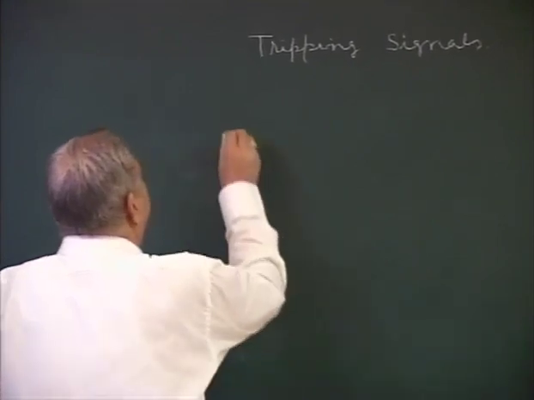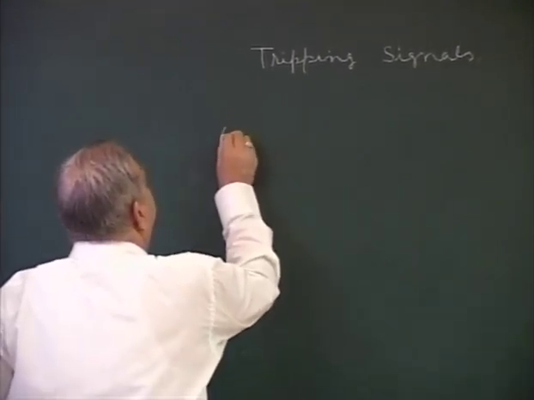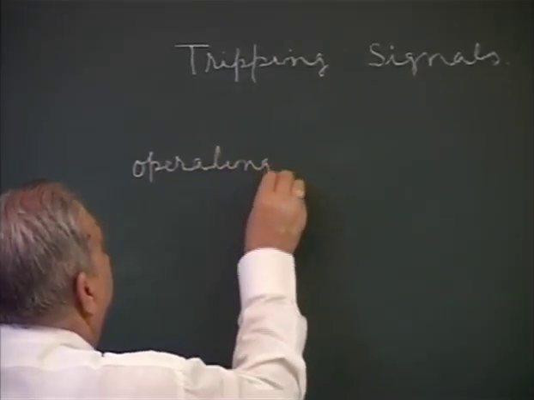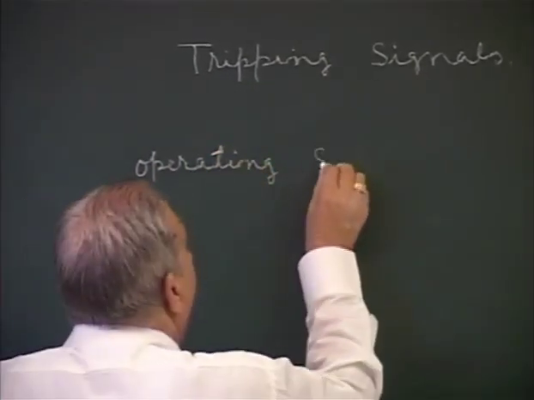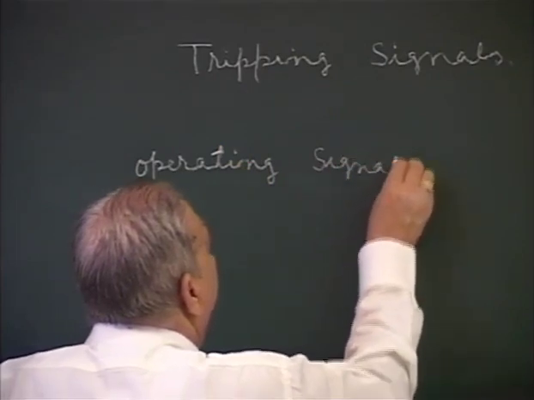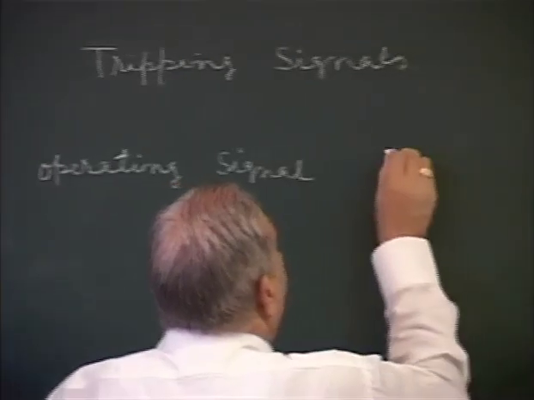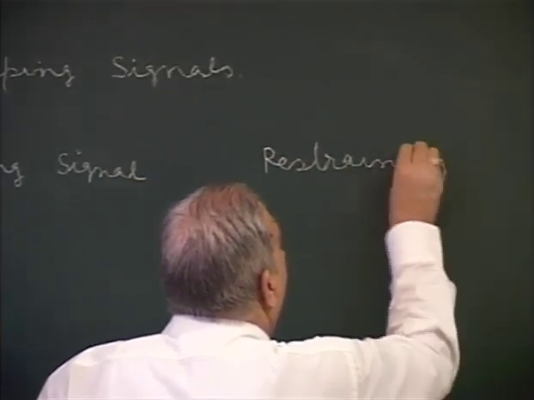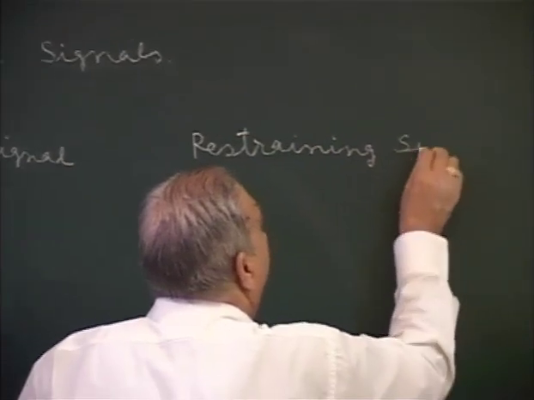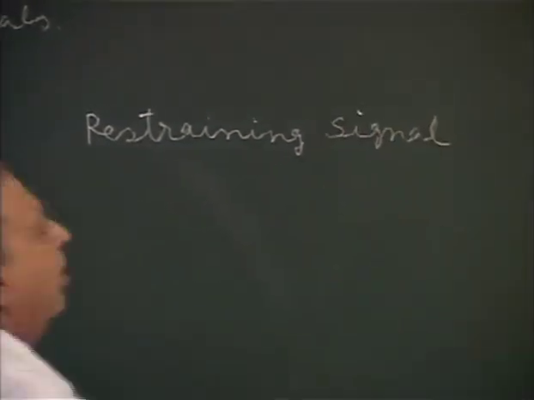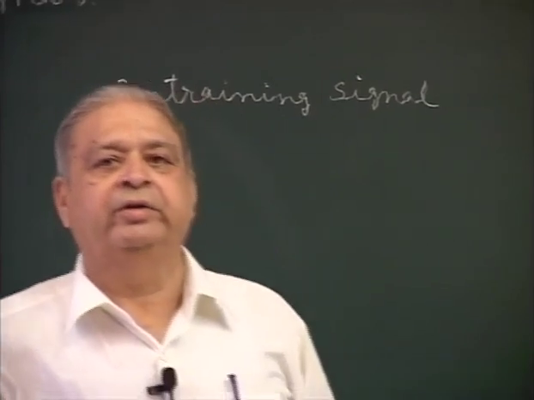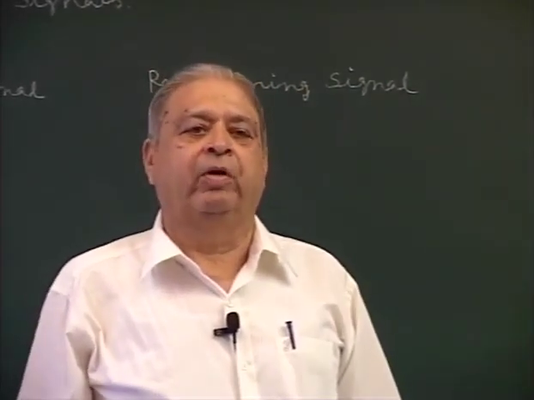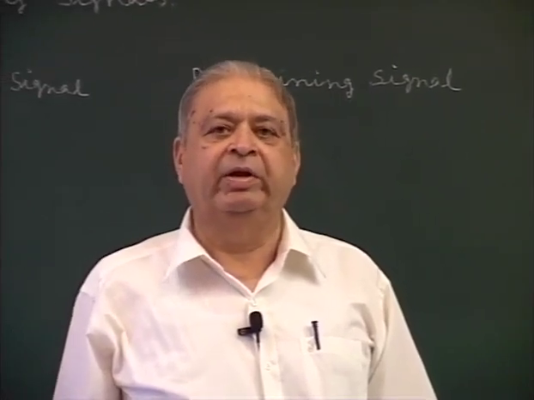two quantities. We derive two quantities from the voltage and current signals received from PT and CT respectively.